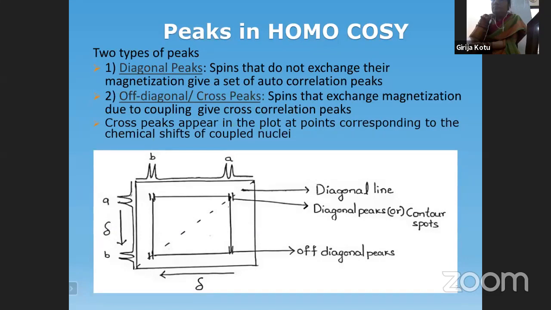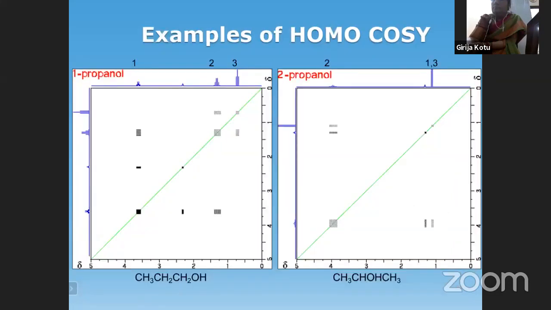They are connecting both B and A. So these are called cross peaks.